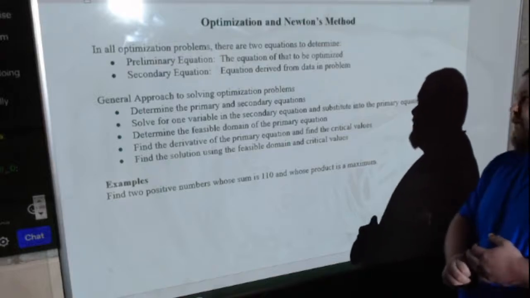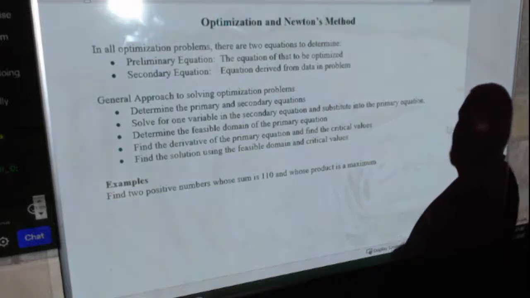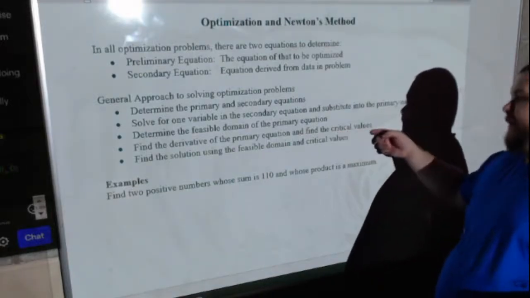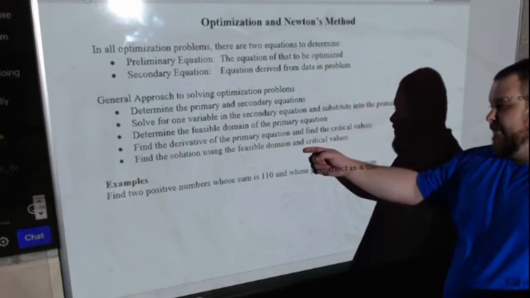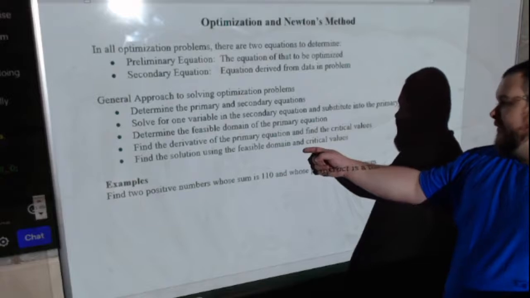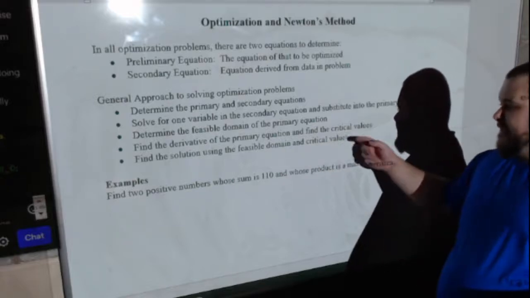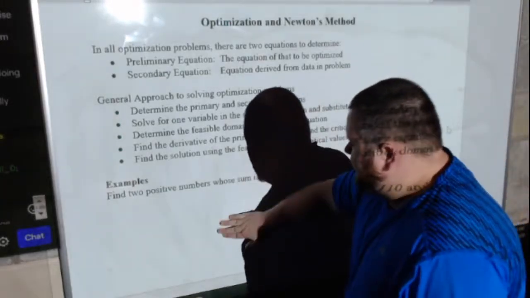And as soon as you hear max or min, your first thought should be differentiate, set to 0, and find the critical values. And then finally, find the solution using the feasible domain and those critical values. So obviously your solution has to fit within the domain of the function. If it doesn't, then it's really not the solution you were looking for.